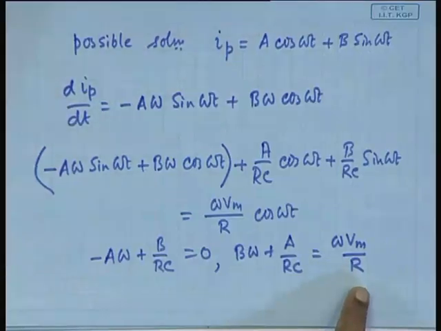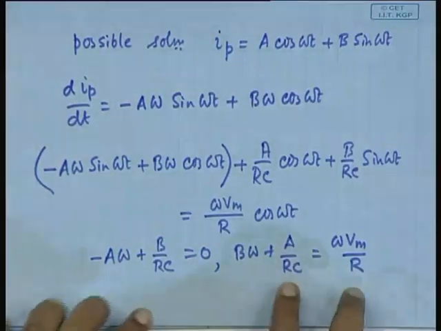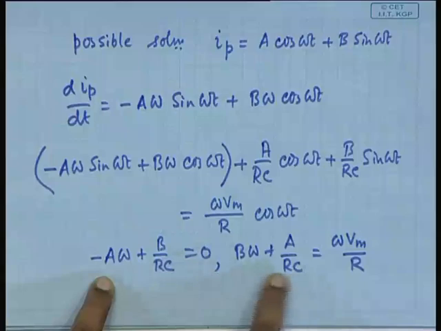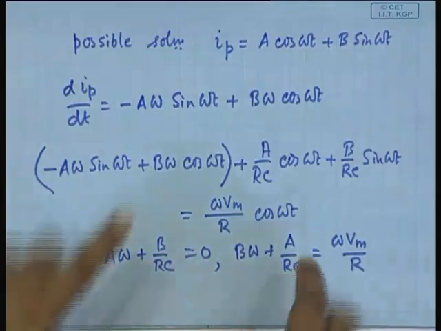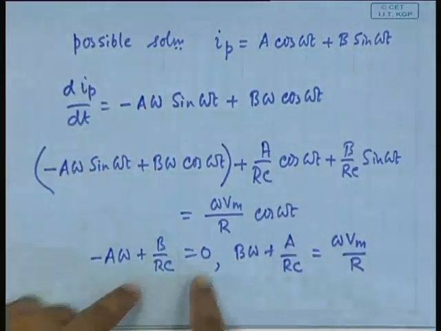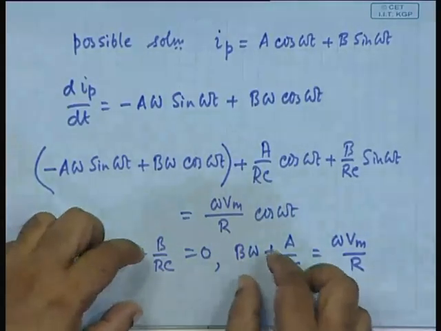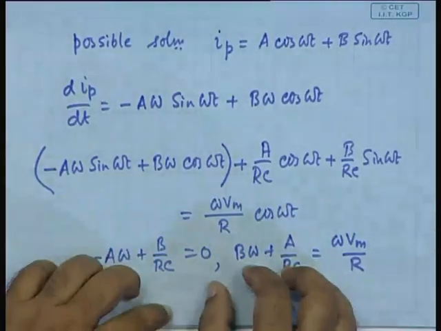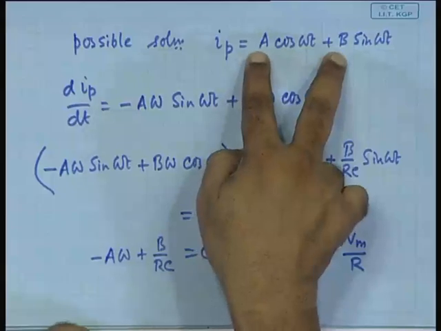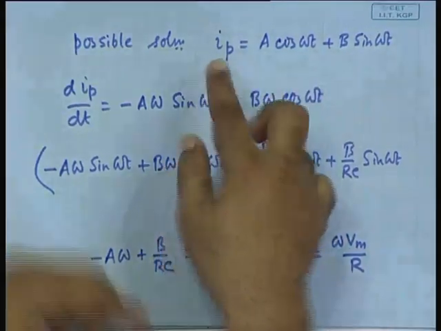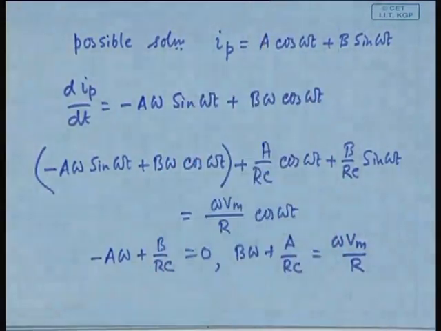Now we can see that this is two equations, two unknowns, a and b. We can extract the values of a and b, which will satisfy this. That means if you obtain a and b from here and plug them in here, you will get an equation for Ip which is a solution of this equation.